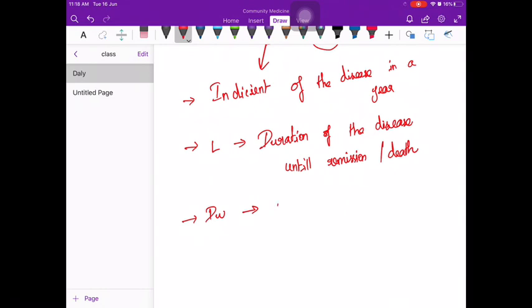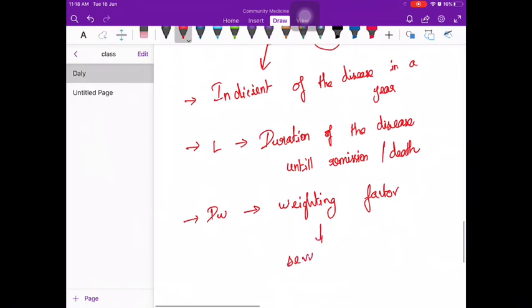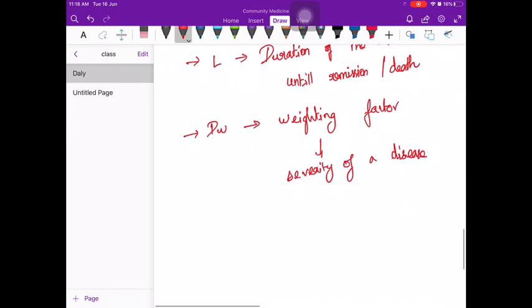DW is the disease weighting factor, which reflects the severity of a disease on a scale of 0 to 1, that is, the higher the value, the more severe the disease.